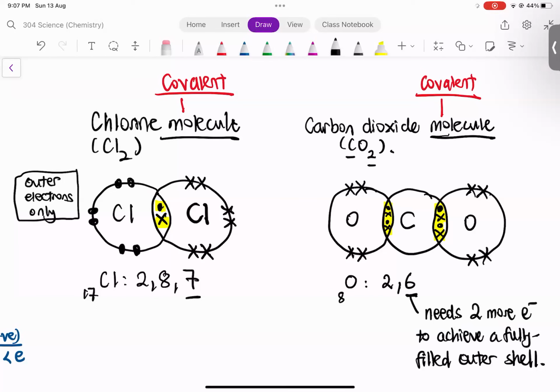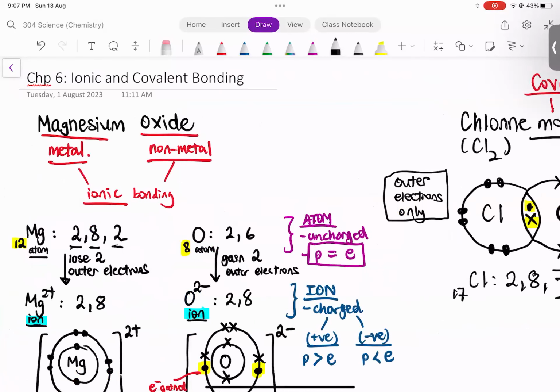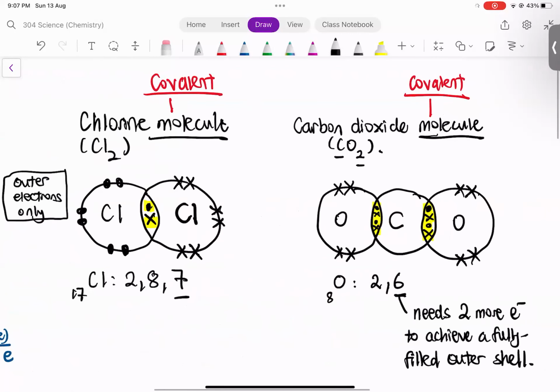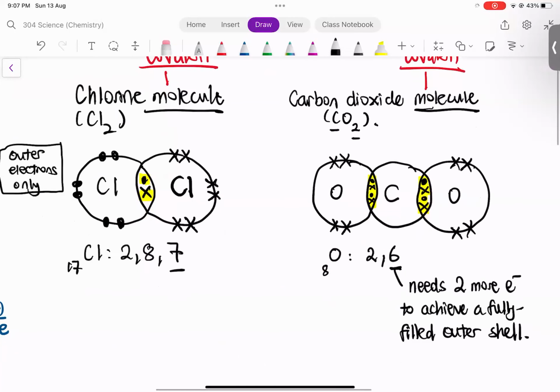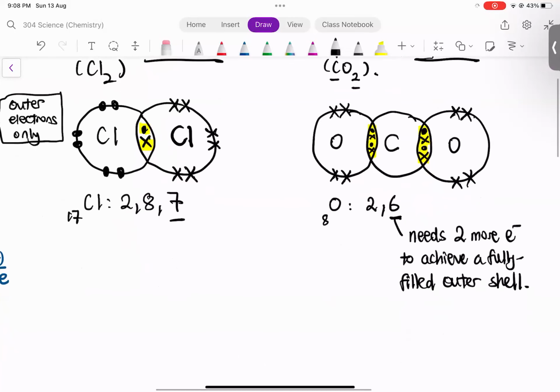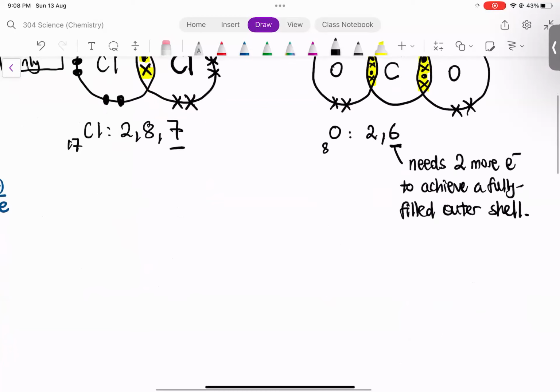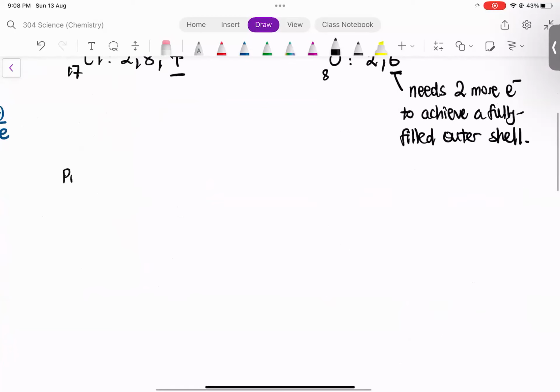However, if there's a metal, that means it's not covalent, it's ionic bonding, which is like magnesium oxide, magnesium chloride. Okay? So ionic and covalent bonding represents 2 different opposite types of bonding. Now, what I have drawn here is the molecule. Okay? Now, let's just move on to the properties of covalent molecules or covalent substances.